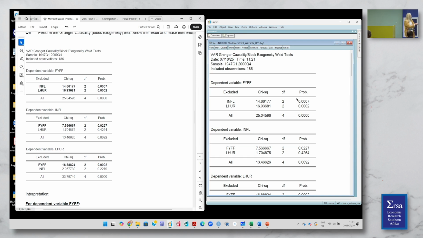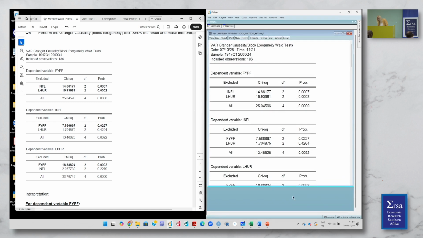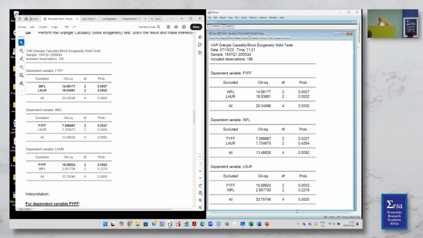We see that, for instance, there are some rejections and some failures to reject. There's one table for each equation. And this is for the federal funds rate, right? So what do we see there?